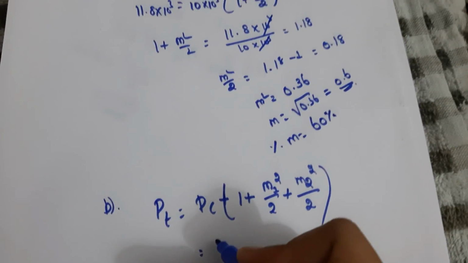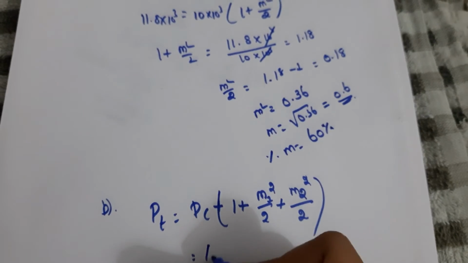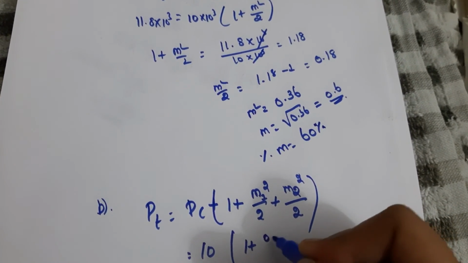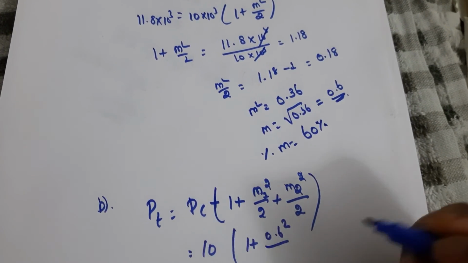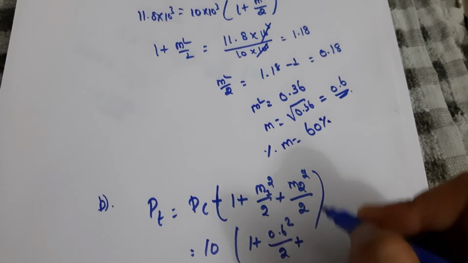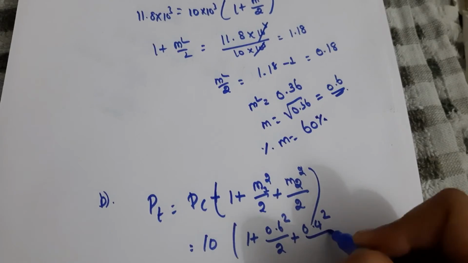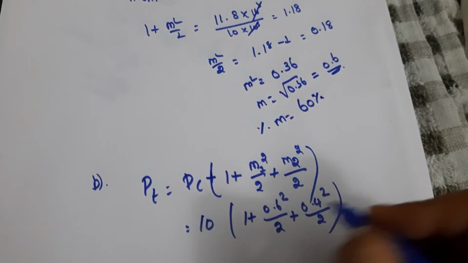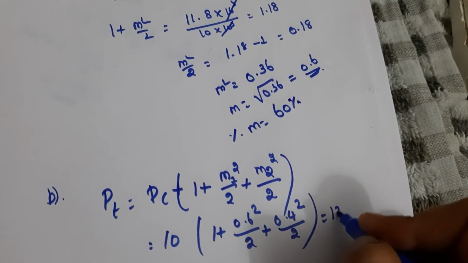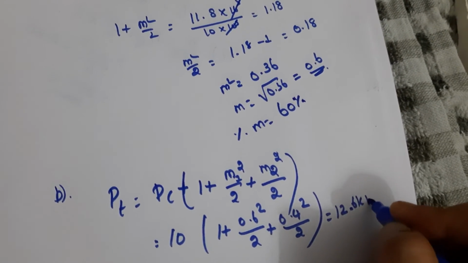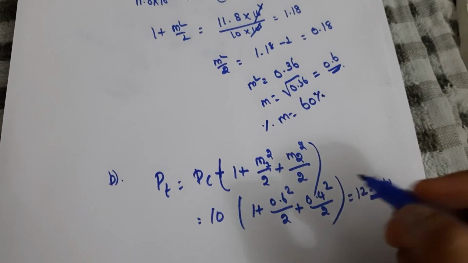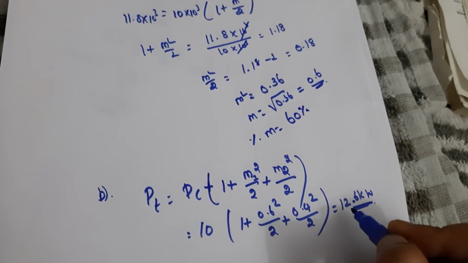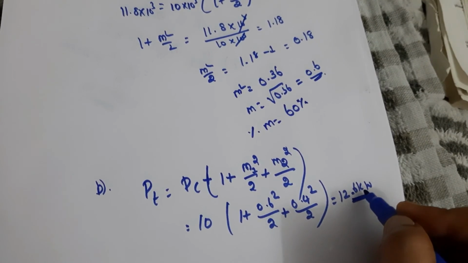So here PC value is 10, and 1 plus the first wave 0.6 square divided by 2, plus another one 0.4 square divided by 2, 40% means 0.4. Solving this we will get 12.6 kilowatt. So if you add another signal with 40% modulation, we have the total power of 12.6 kilowatt.